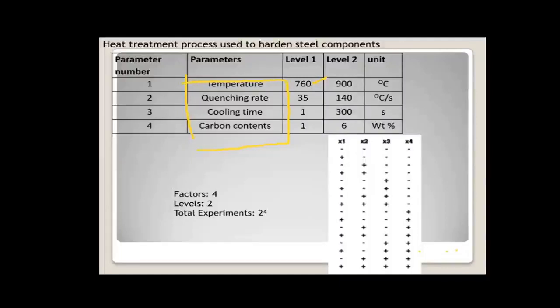For example, suppose you have 10 parameters. Then have only two levels, one and two. Why? Because if levels are minimum, you can perform the minimum experiments, and you will come to know which factor is significant and which is not. In very simple language, which factor is important and which factor is least important.